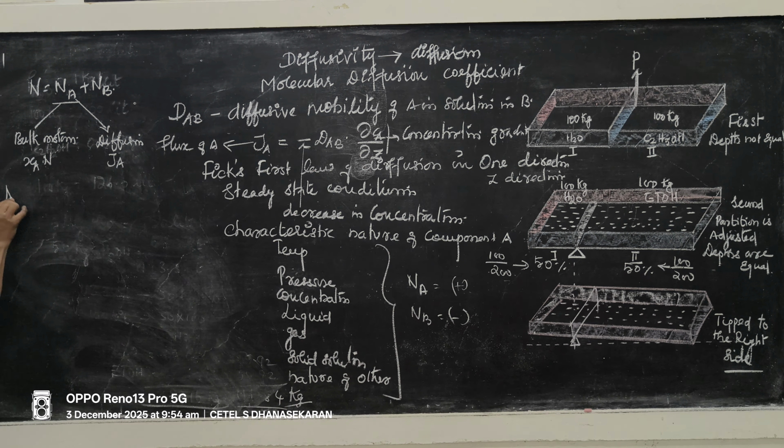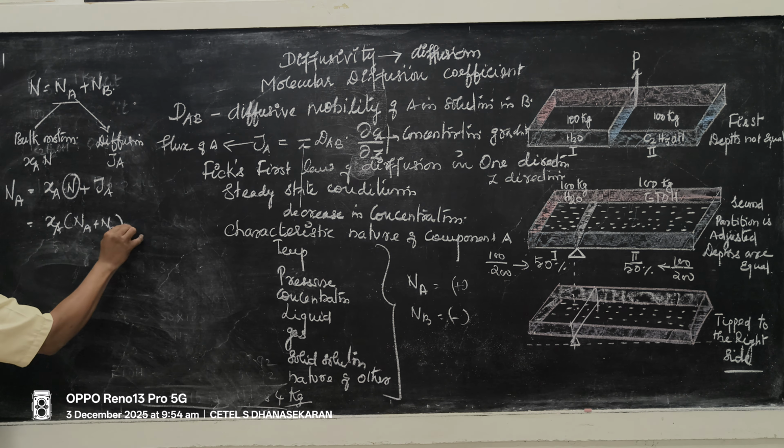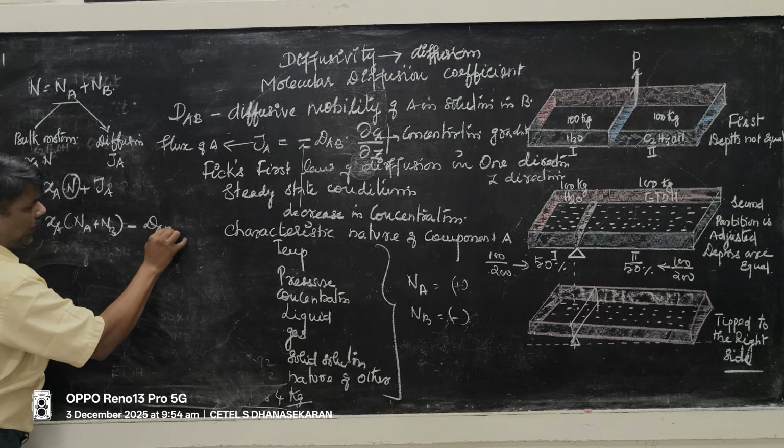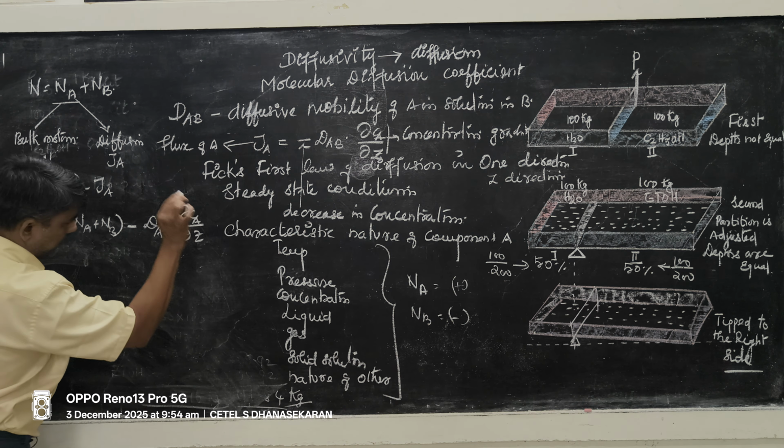So Na, flux of A in solution in B, is equal to XA into N plus JA. Or I can write like this: instead of N, XA into (Na plus Nb) minus DAB into dou CA divided by dou Z.